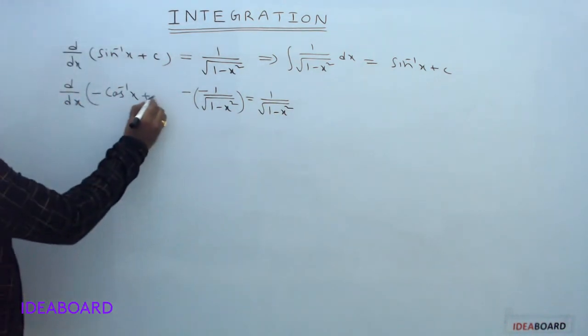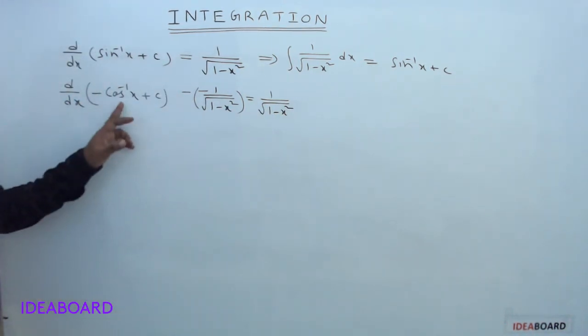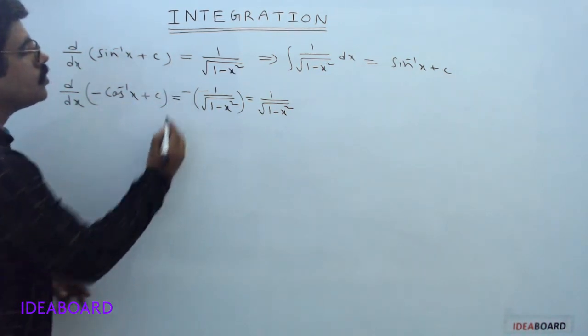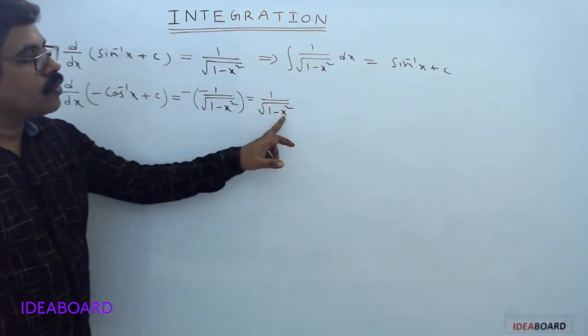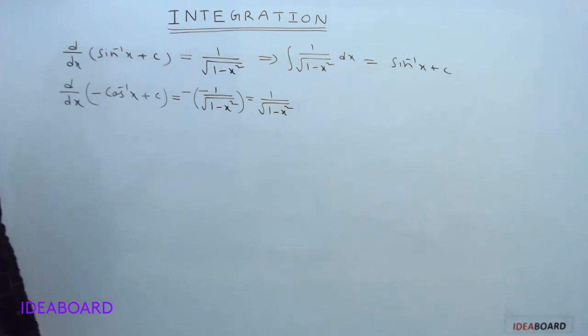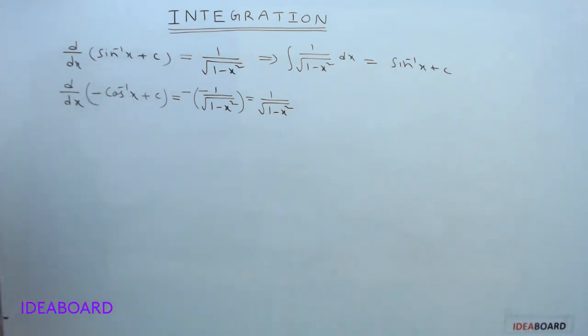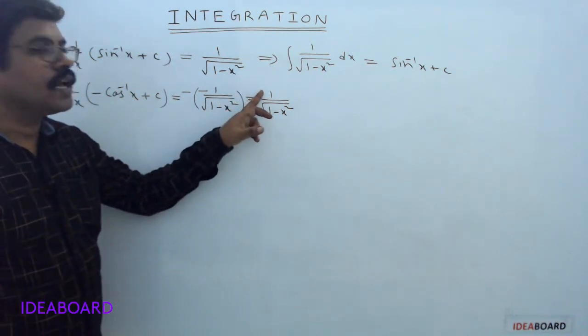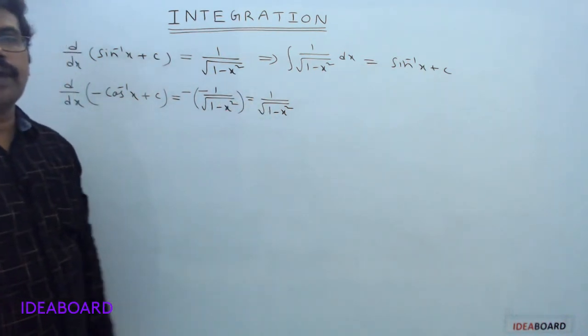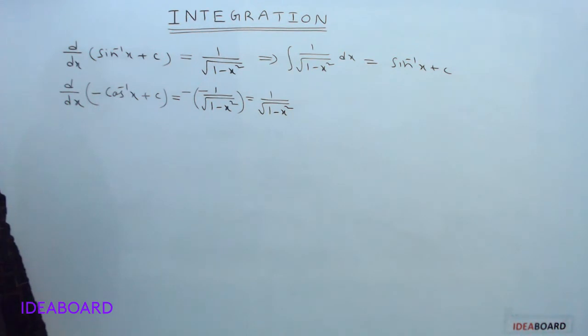If derivative of minus cos inverse x plus c equals to 1 upon root of 1 minus x square, then minus cos inverse x plus c is called integral of a function 1 by root of 1 minus x square with respect to x.